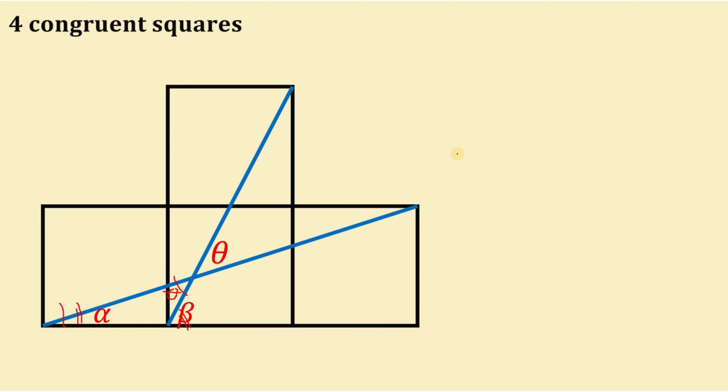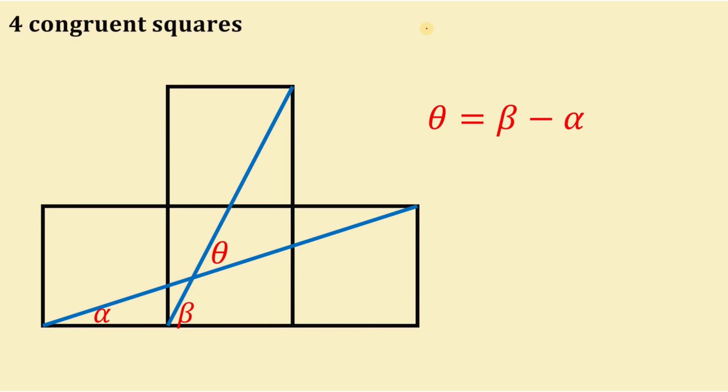Now, using the remote exterior angle theorem, angle alpha plus angle theta must be equal to angle beta. We want angle theta, so we subtract alpha on both sides. So theta must be equal to beta minus alpha.